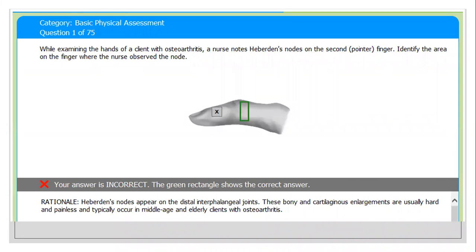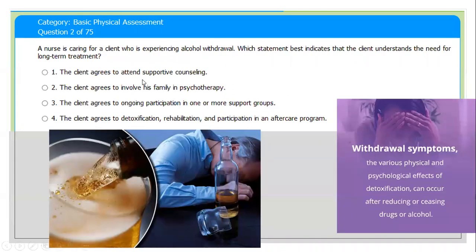Small, fixed, bump-like deformities on the fingers, usually at the last joint of the finger. Heberden nodules are calcifications of the joint or articular cartilage and are a sign of osteoarthritis. That's it. Next question here.